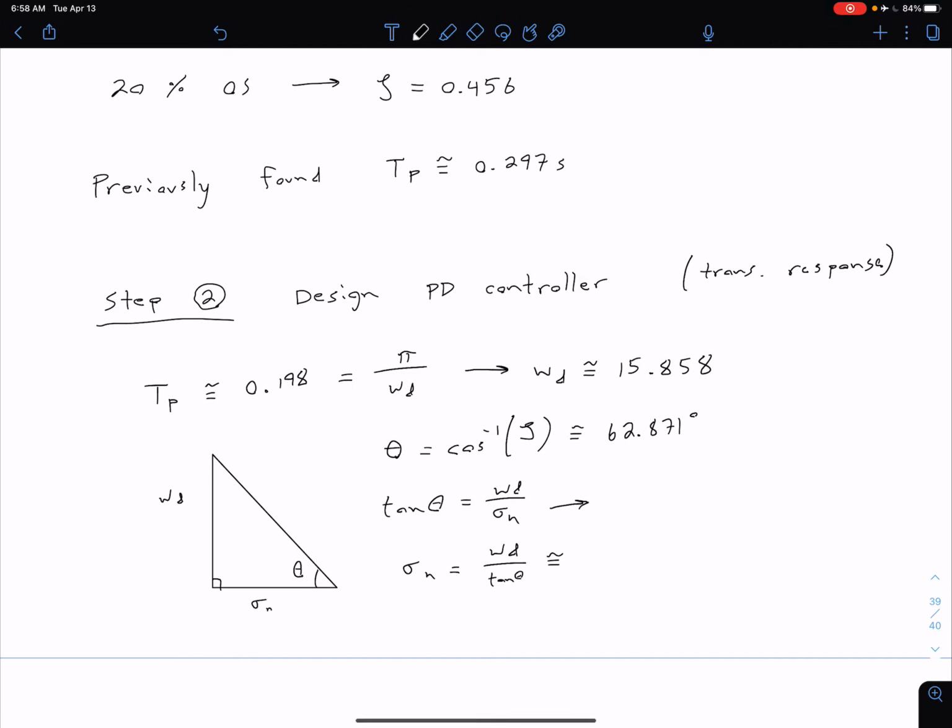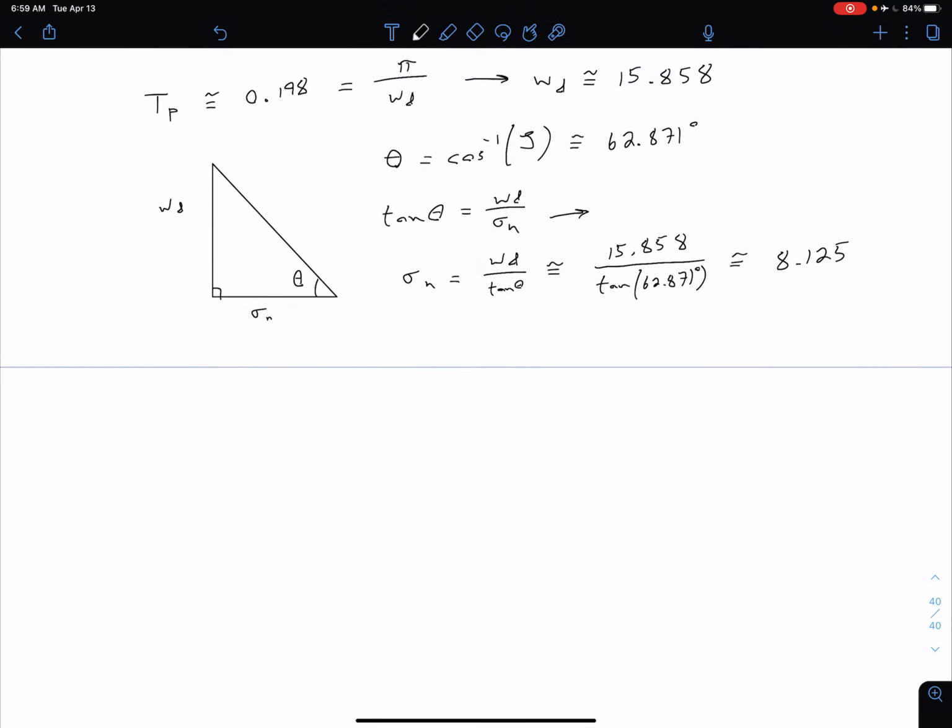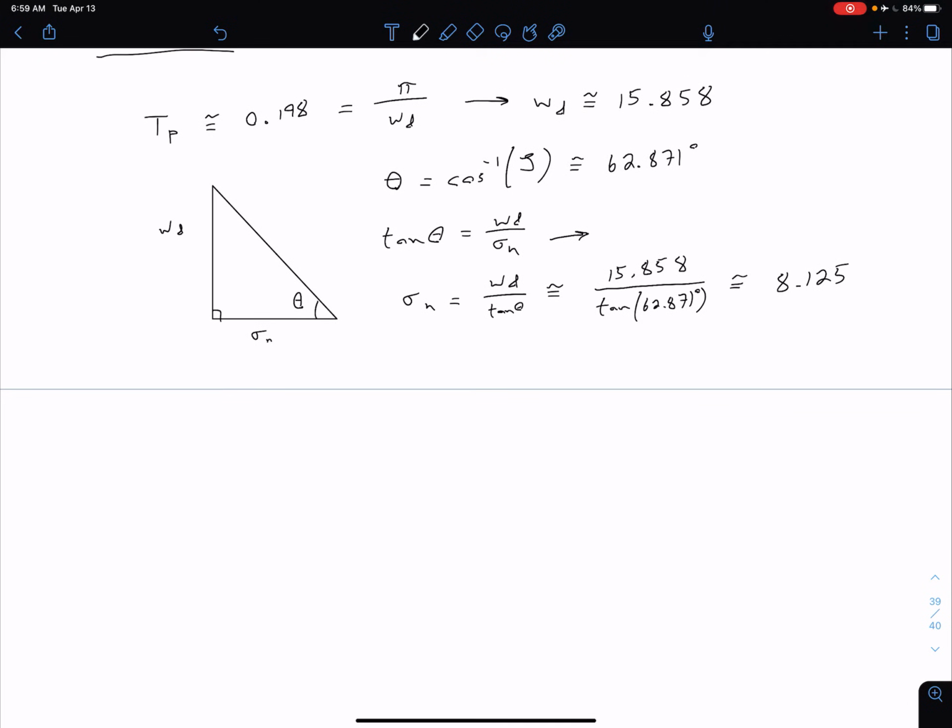And we plug that in, we get approximately 15.858 divided by tangent of 62.871 degrees, and that gives us a sigma n of approximately 8.125. Now, of course, remember that's going to be negative when we talk about it in terms of a pole location.